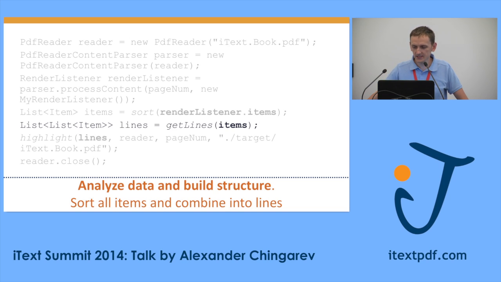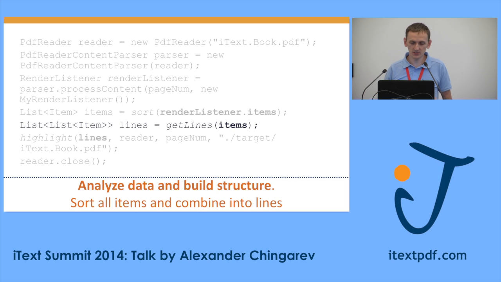And the next line is getLines, which takes a list of sorted items and returns a list of lines. Again, in order to make the presentation compact, I'm not providing the listing of the getLines method, but if all of the items are sorted and have their rectangles, it's quite easy to combine them into lines.